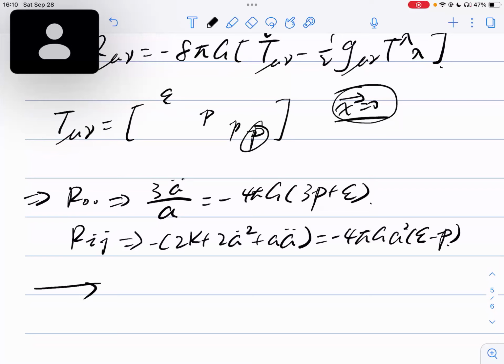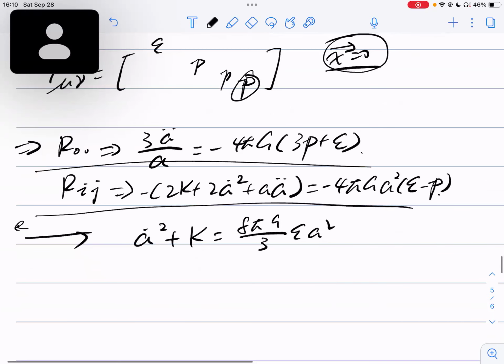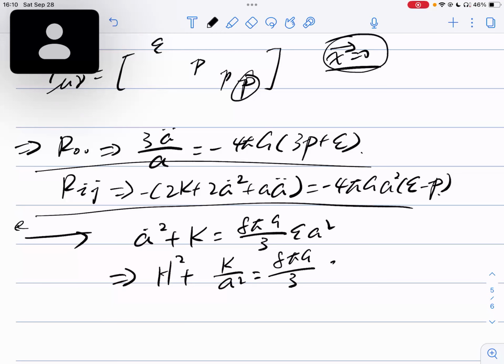If we want to eliminate the second order derivative of a, just use these two equations to eliminate this variable. We obtain that a dot square plus k equals 8 pi G over 3 epsilon a square. And using the definition of the Hubble parameter, we obtain H square plus k over a square equals 8 pi G over 3 epsilon.